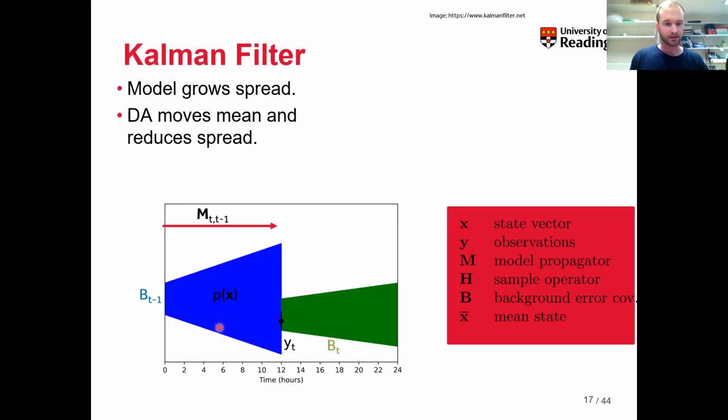So in a figure, it looks as follows. You start off with your probability distribution at the previous time, which has a certain covariance. Then due to the presence of unstable modes in your model, the spread of your Gaussian increases over time until you get to the time where you got observations and where data assimilation is going to take place.